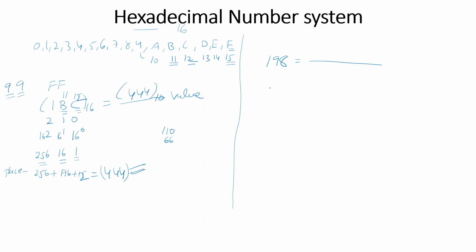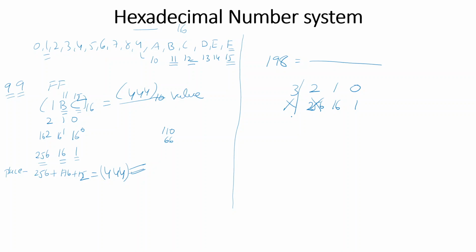Yes, I can convert. I will first write 0, 1, 2. 16 power 0 is equal to 1. 16 power 1 is equal to 16. 16 power 2 is equal to 256. I will stop here because 256 is greater than 198, and I don't want this 256. What is the least value in hexadecimal? That is 1.